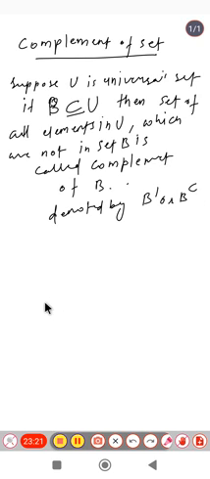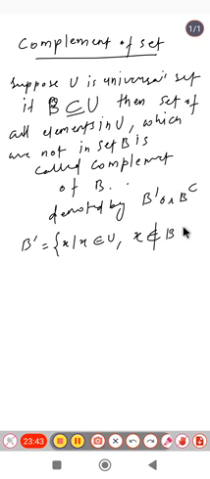So we can understand that B dash is the set of x where x is an element of the universal set and x is not an element of set B.